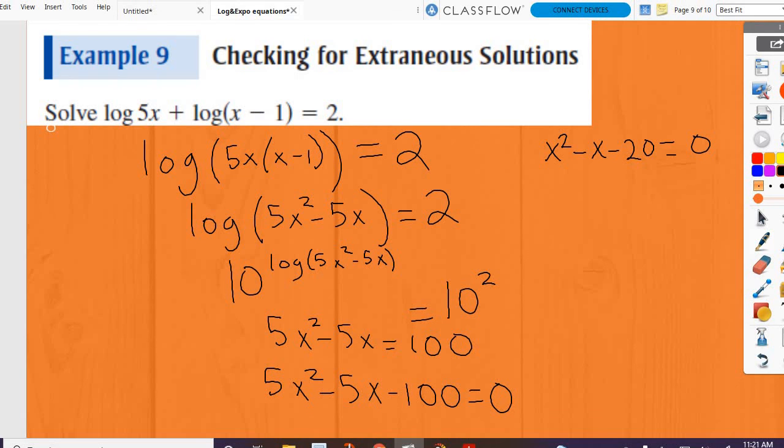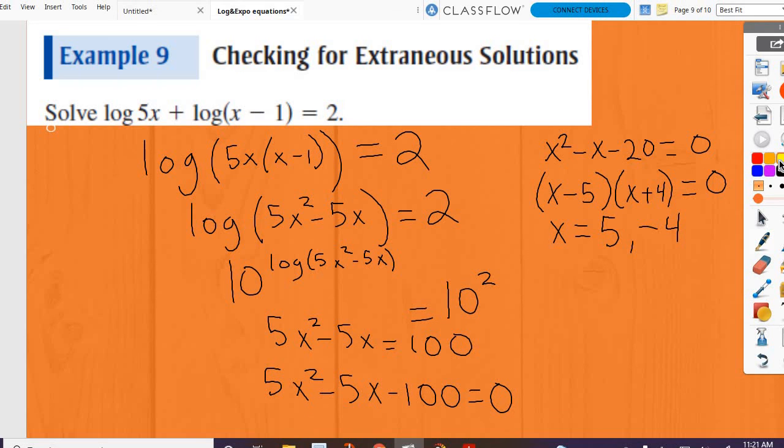So now, what two numbers multiply together to give us negative 20 that add together to give us negative 1? 5 and 4, one of them needs to be negative. Negative 5 and positive 4. So what are my two answers? 5 and negative 4.